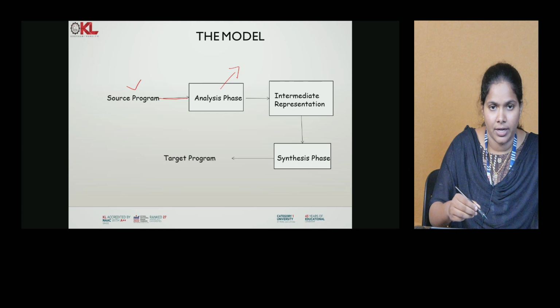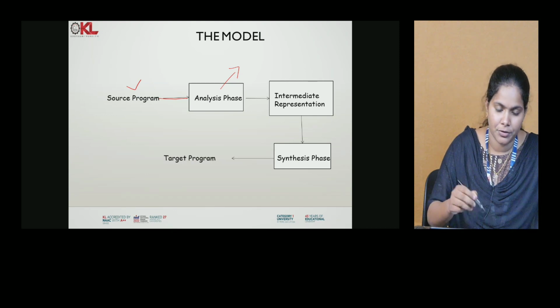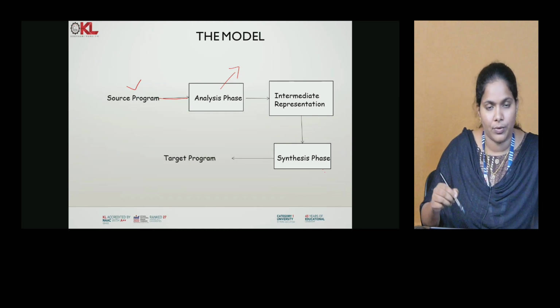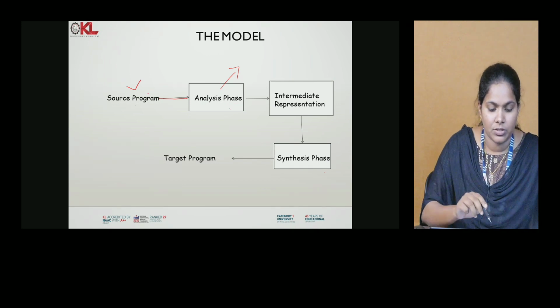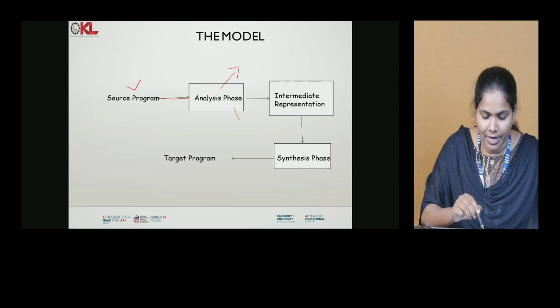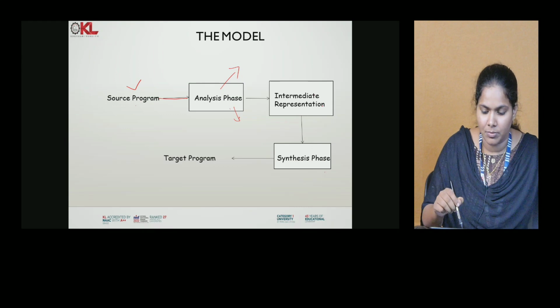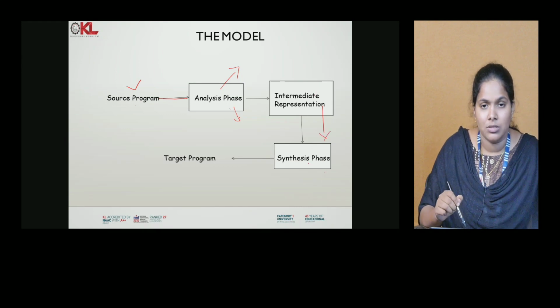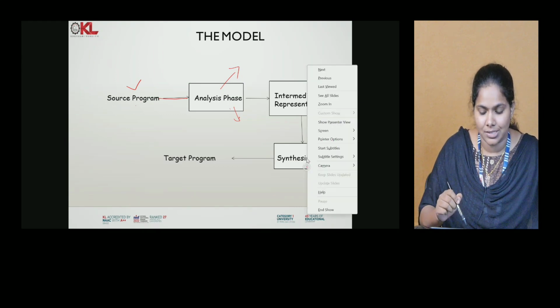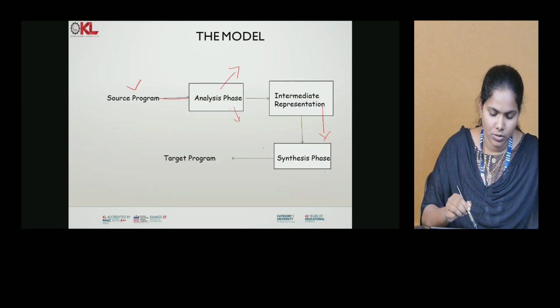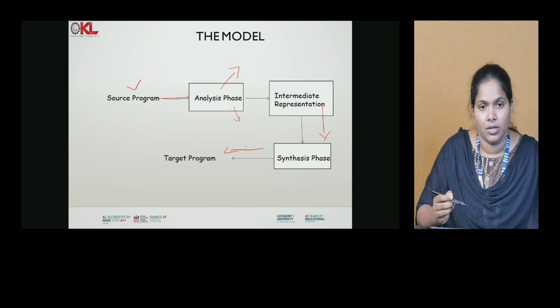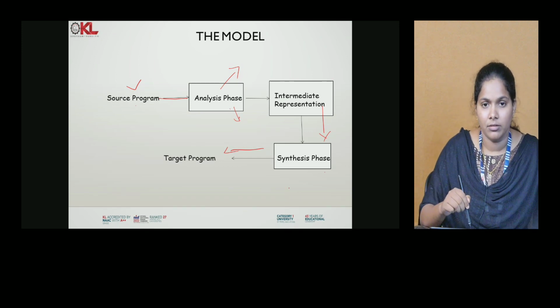It will divide the program and generate some intermediate representation, and this intermediate representation goes to the synthesis phase, and the synthesis phase transforms it to the target program. So this is the entire model.